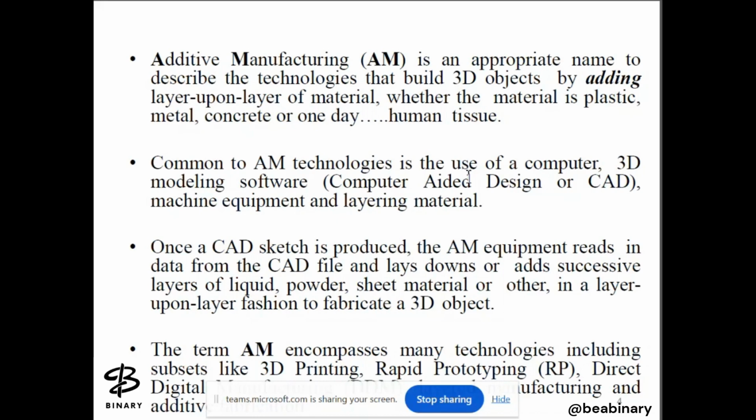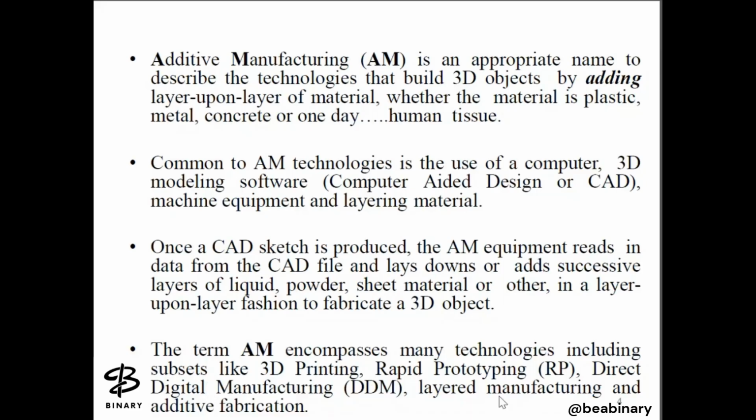Once the CAD sketch is produced, the additive manufacturing equipment reads in the data from the CAD file and lays down or adds successive layers of liquid, powder, discrete particles, or sheet material in a layer upon layer fashion to fabricate the 3D object. The term AM encompasses many technologies, including subsets like 3D printing, rapid prototyping, direct digital manufacturing, layered manufacturing, and additive fabrication.